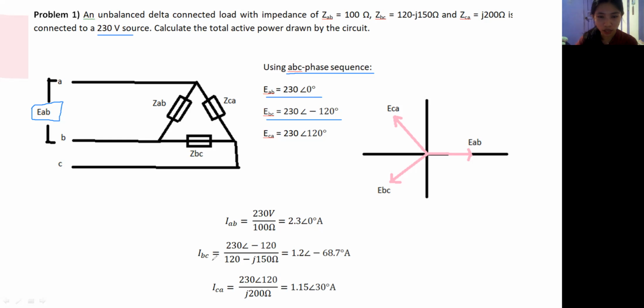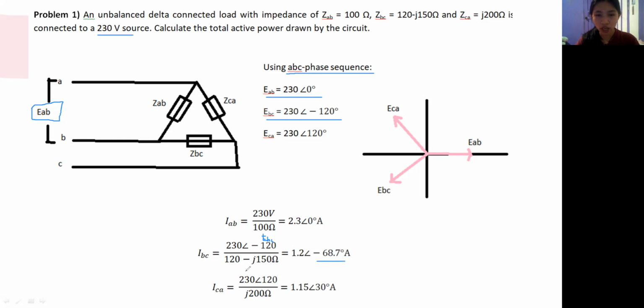Because we are getting the current, we just have to plug in the value of our voltage EBC. If you substitute the impedance ZBC, we have 230 angle negative 120 over 120 minus j150 ohms, which is equal to 1.2 angle negative 68.7 amperes.